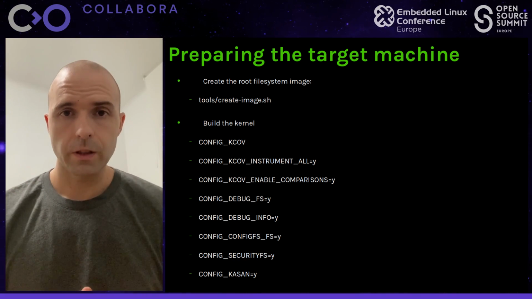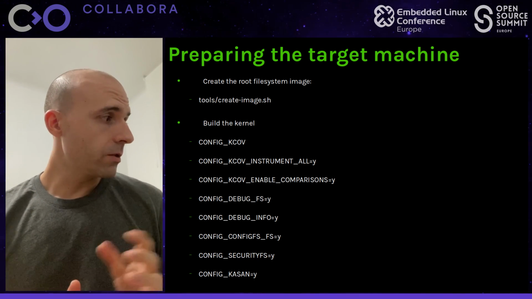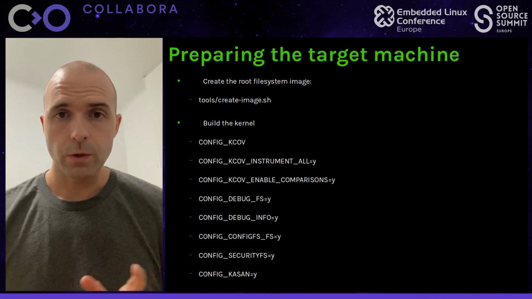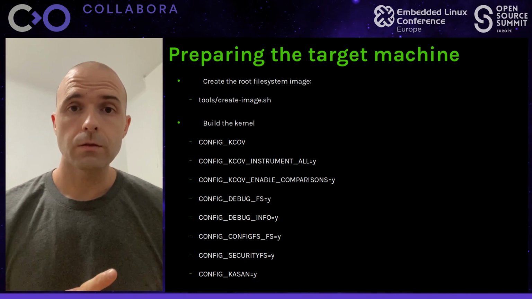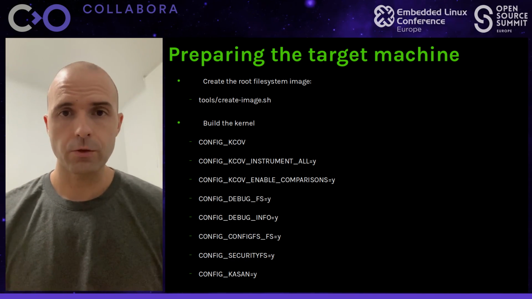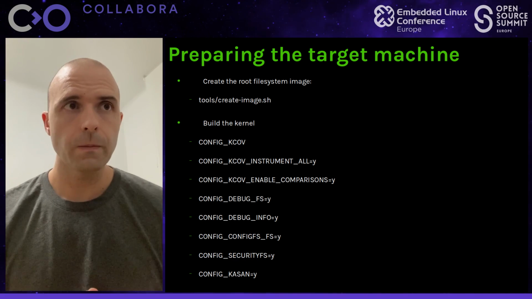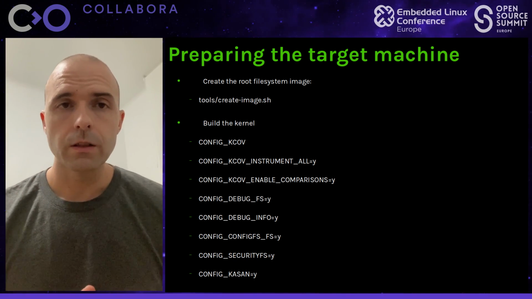We can use whatever we want. So I'm going to use a Rock Pi 4 board because the driver that I want to fuzz, which is the Hantro Video for Linux 2 driver, runs on that hardware.